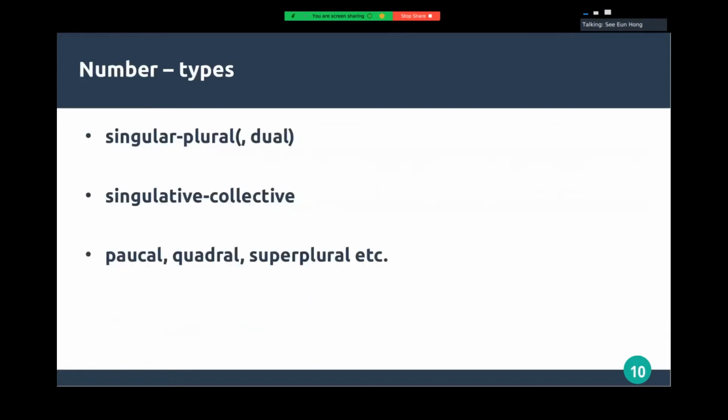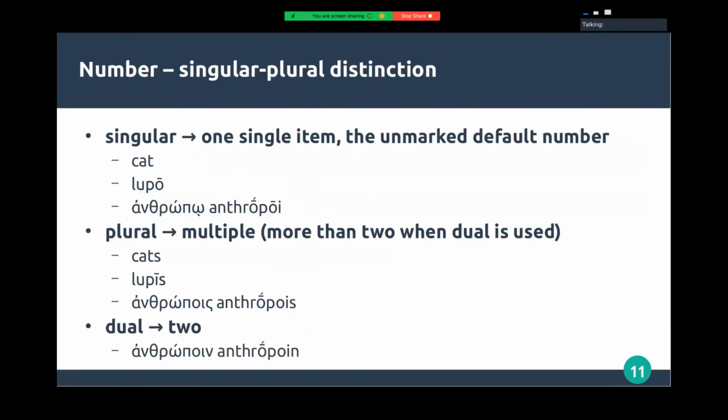And number is another way in which nouns can be categorized. Obviously, numbers tell us about the number, like how many or how much of a thing there is. The singular-plural distinction is the most common distinction, and in this distinction, the unmarked, default number of a noun is singular.